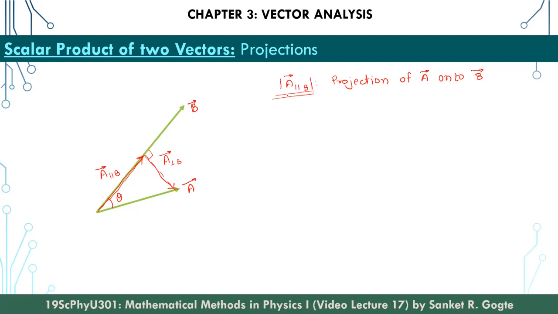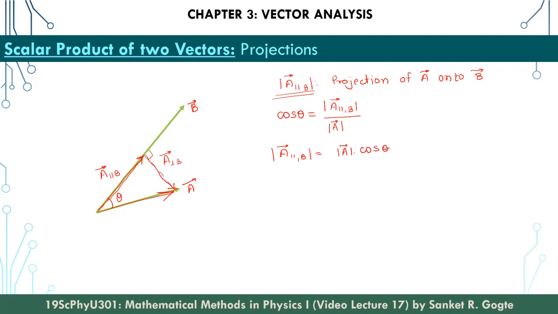Now to find the projection, note that this is a right angle, and therefore I can write cos theta as adjacent side of the triangle, which is this length, projection of A onto B, divided by this hypotenuse, which is magnitude of vector A, which is length of vector A, and therefore this length, which is projection of A onto B, is equal to mod A into cos theta.